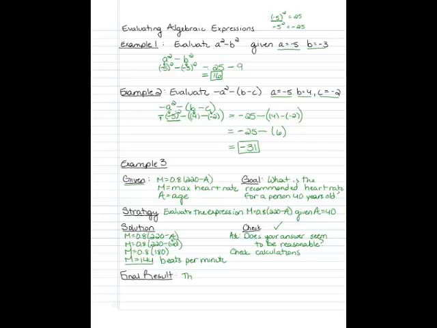So here, the recommended maximum heart rate for a person who is 40 years old is 144 beats per minute.